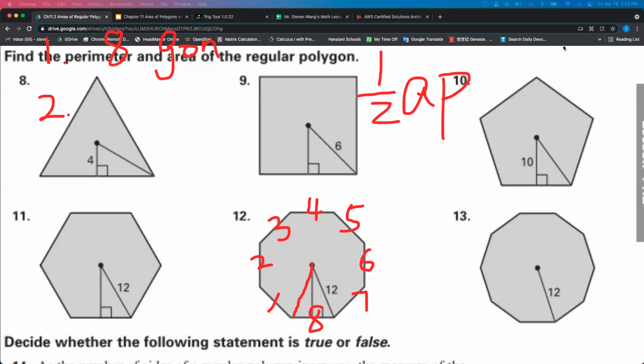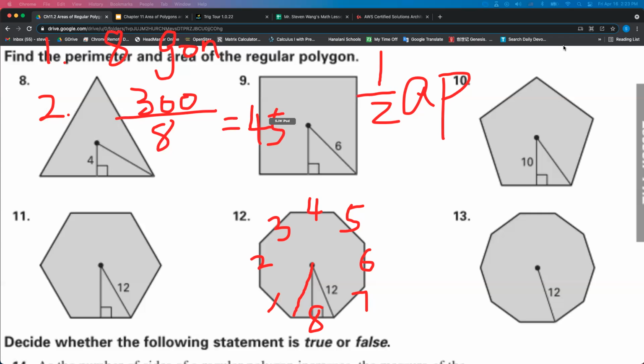We need to see what kind of triangle we are dealing with, then we can see what kind of triangle formula we are going to apply. To solve this triangle, we need to know the central angle. The central angle is 360 divided by the number of sides, which is 8.